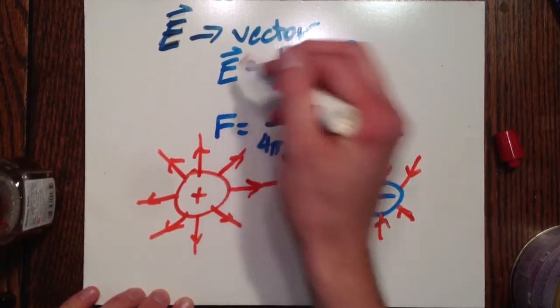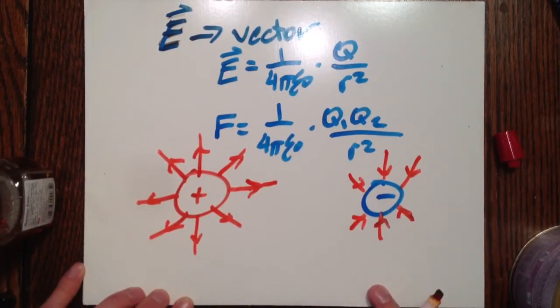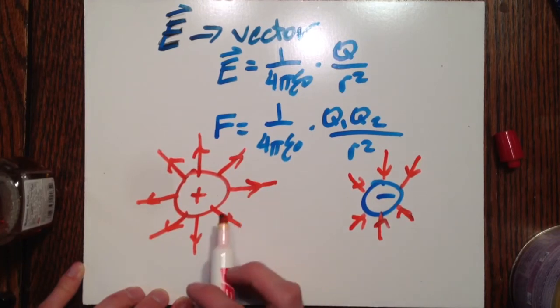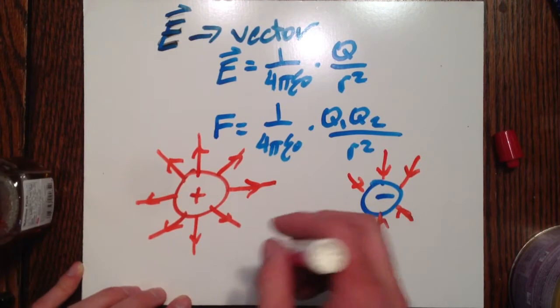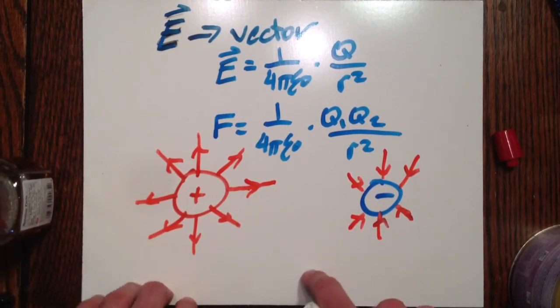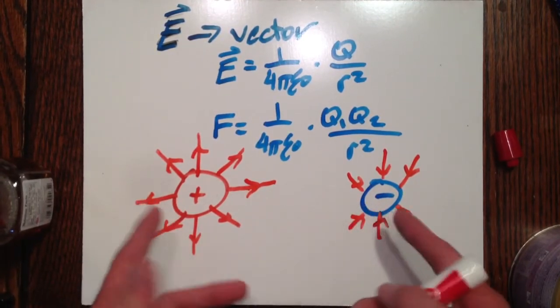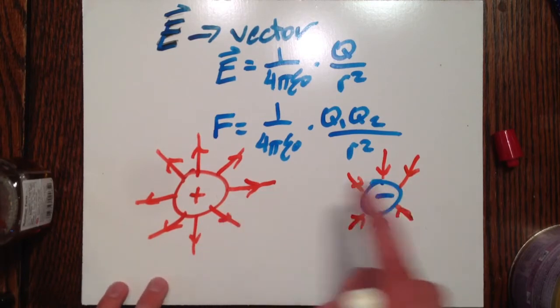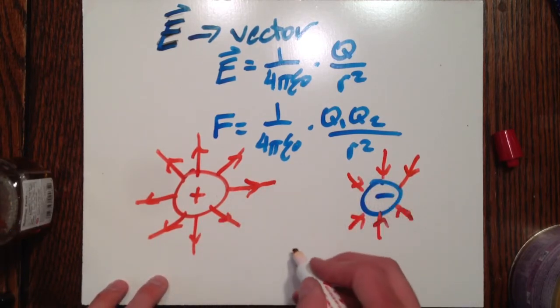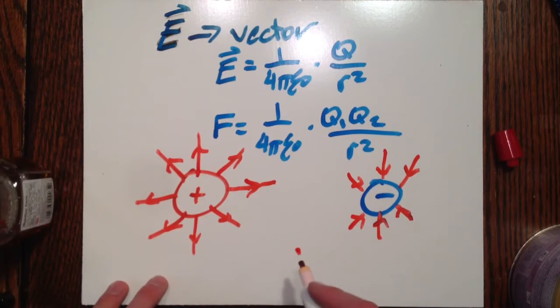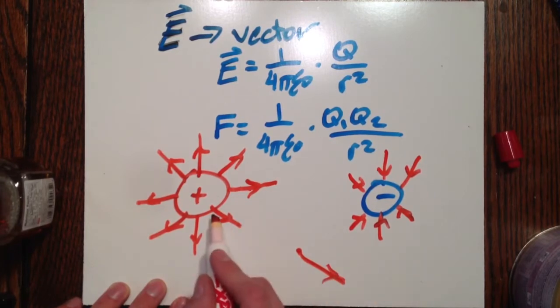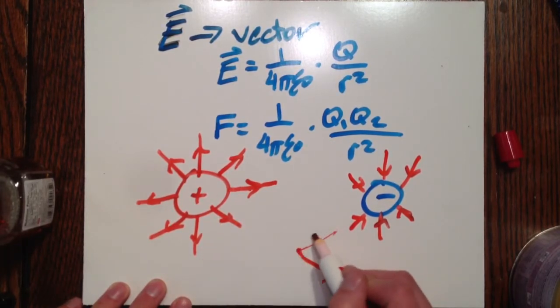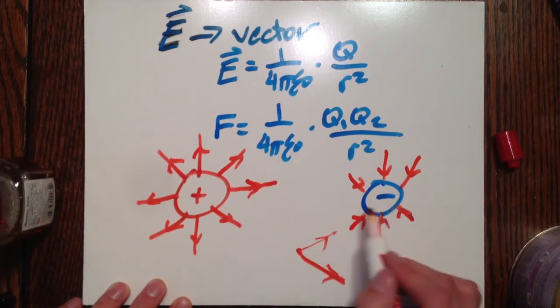Now, when you're doing an electric field calculation, you can find the electric field outside of one charge, you can find the electric field outside of multiple charges. Okay? So, if we were doing an example where we had these two charges and I wanted to know the electric field right here at this particular point, well, I would have an electric field coming like this from this charge, and I would have an electric field coming like that from the negative charge.